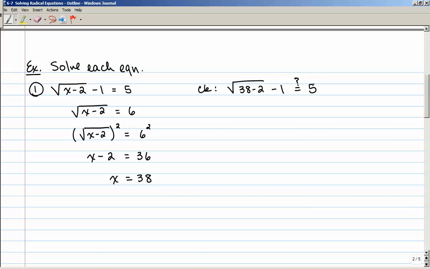And remember, when you're checking, you don't add or subtract on both sides, you just PEMDAS each side of the equation. So, is the square root of 36 minus 1 equal to 5? Is 6 minus 1 equal to 5? Indeed it is. 5 equals 5. It checks. So now I can box my answer.